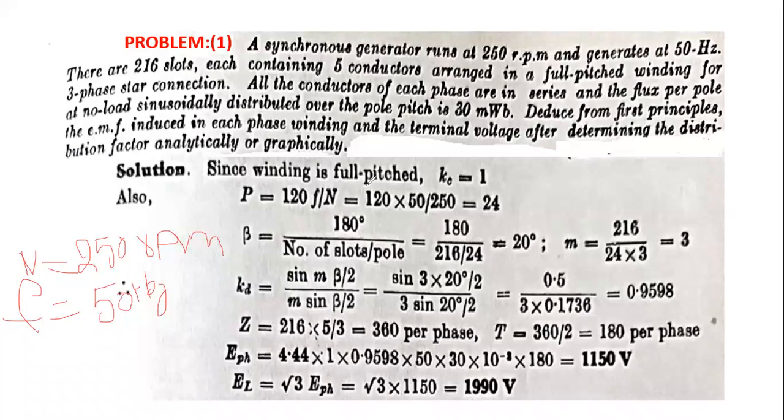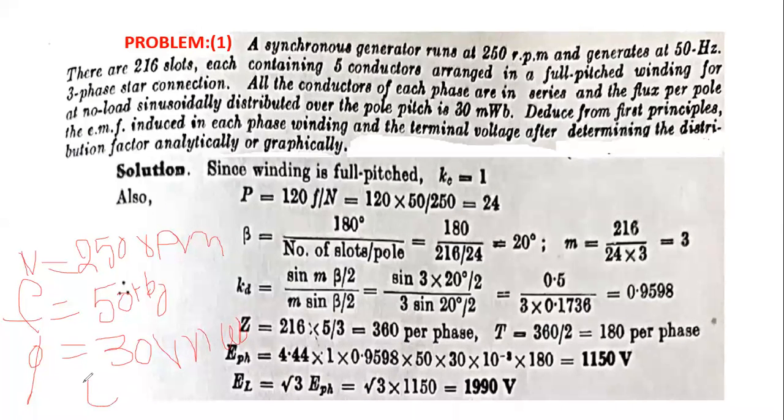That is, phi is equal to 30 milliwebers.